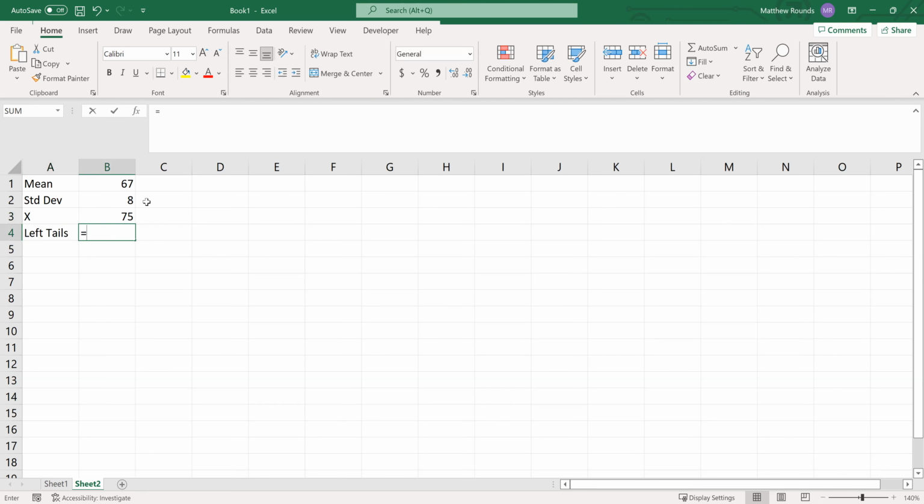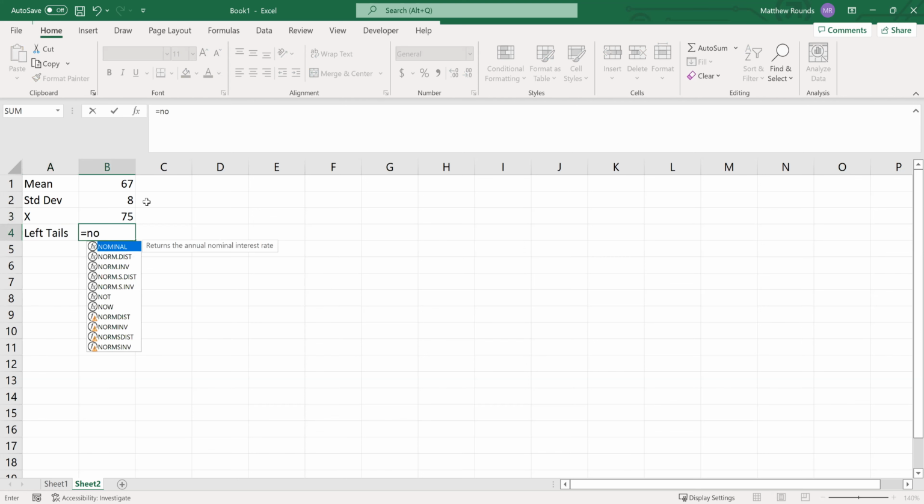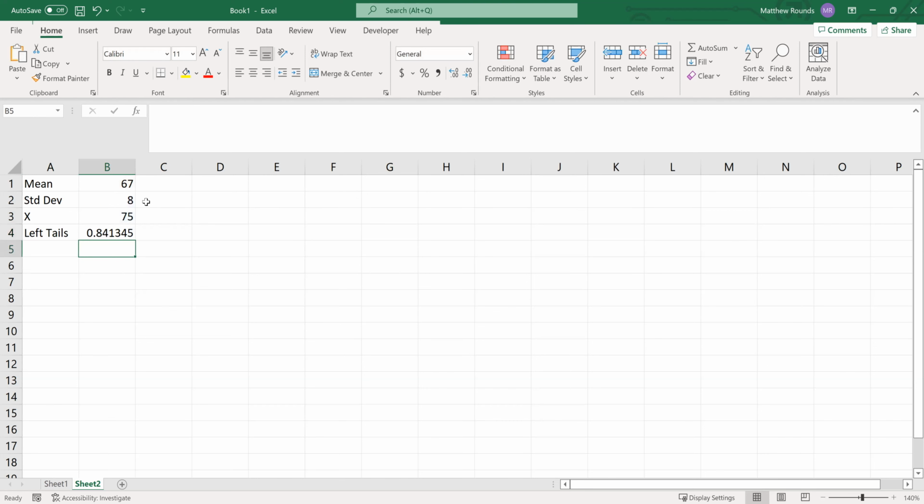So to do this, it's the normal distribution function. See how it asks for the X value, the mean, and then the standard deviation. And then this is true. Don't worry about why that is. That is your answer for part A. For part A, 0.8413.